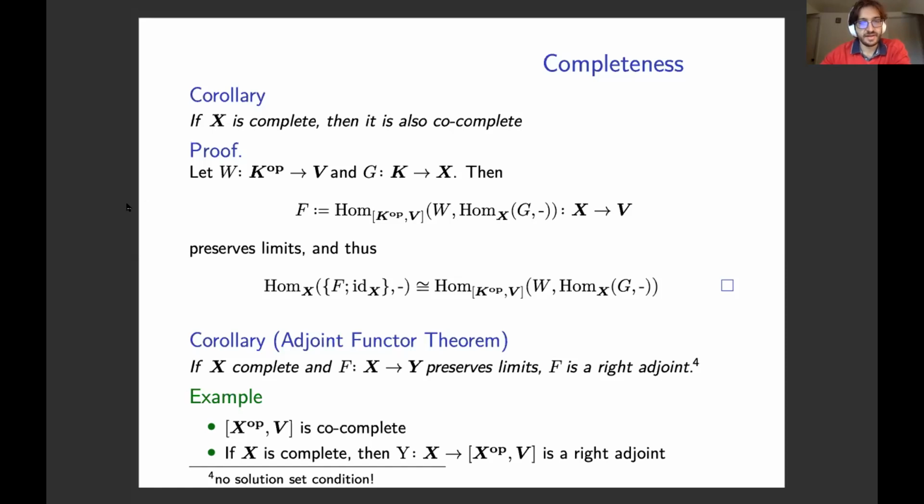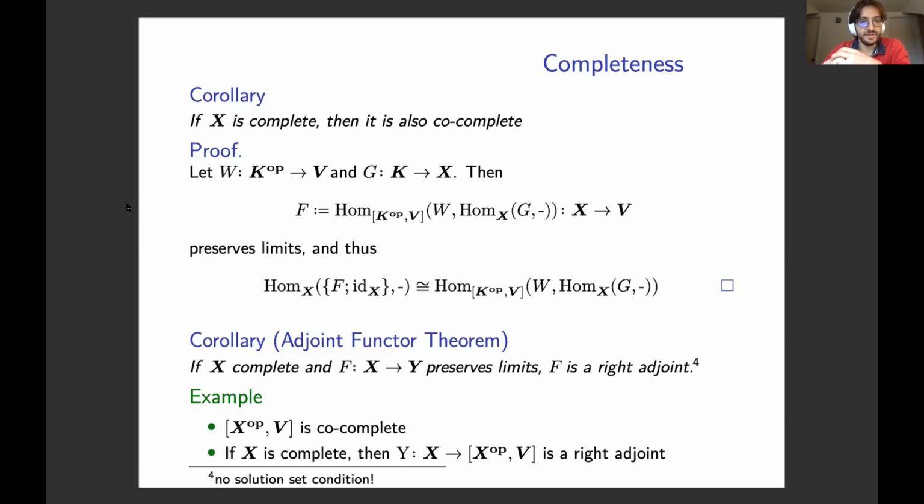take a diagram and a co-weight, and construct a functor F, which is fundamentally the right-hand side of the isomorphism we seek to show that the colimit exists.